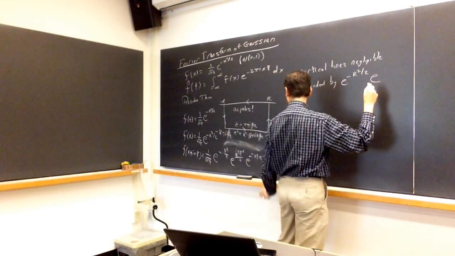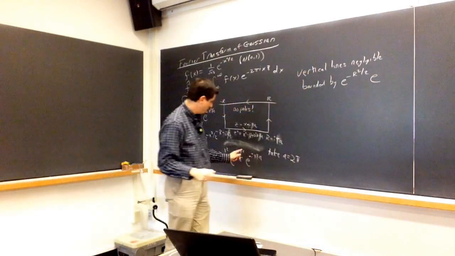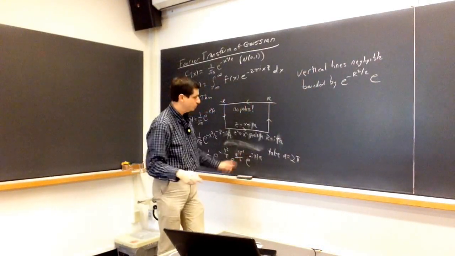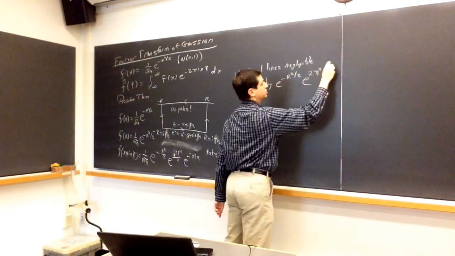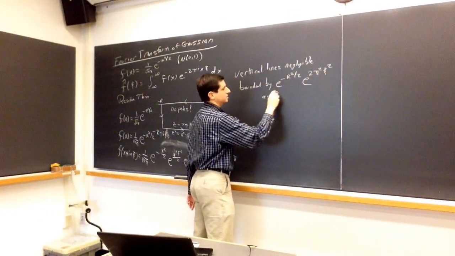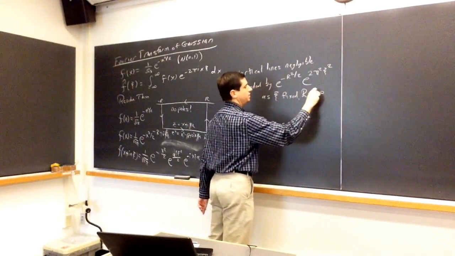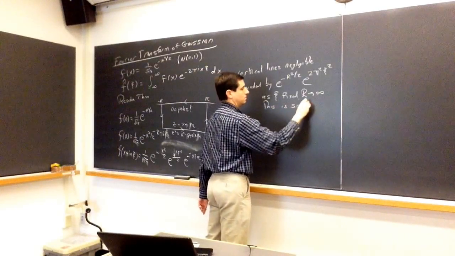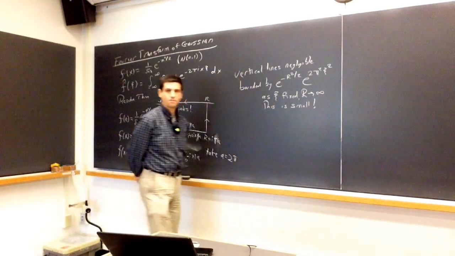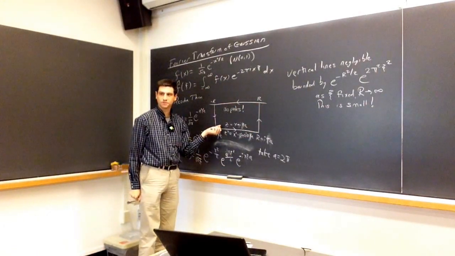We said a was 2 pi, so we'll get 4 pi squared c squared over 2. So we get 2 pi squared c squared. As c is fixed and r goes to infinity, this is small. So we don't have to worry about the contribution from these two parts.